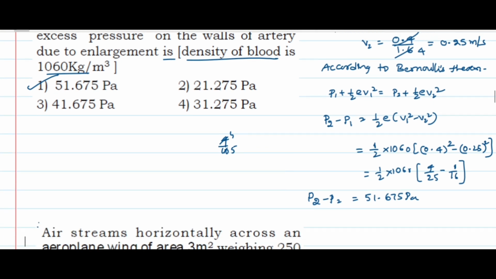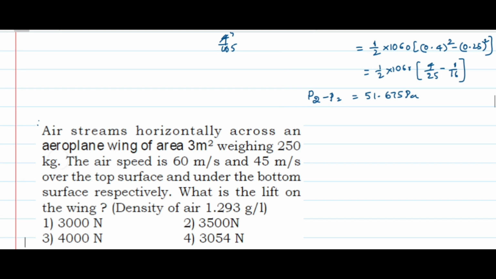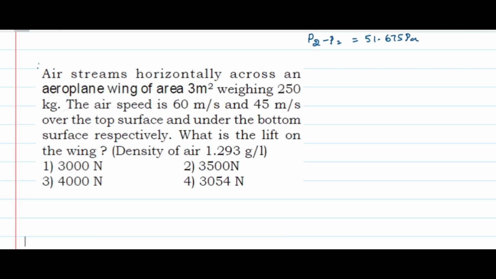Let us see the next question. Air streams horizontally across an aeroplane wing of area 3 meters square. Its weight is given as 250 kg. The air speed is given as 60 meter per second over the top surface and 45 meter per second under the bottom surface respectively.